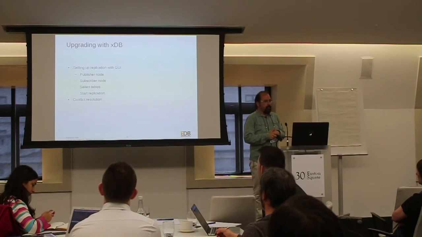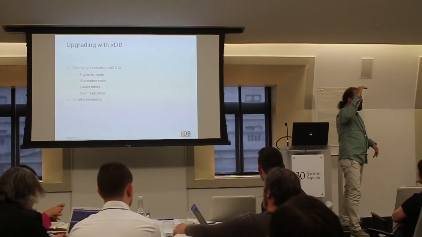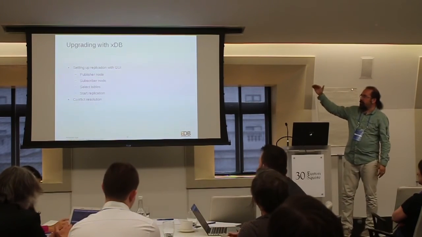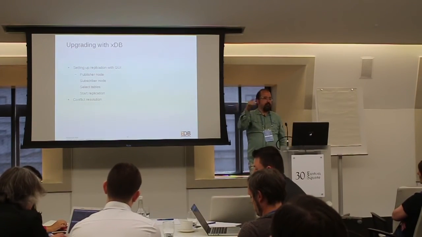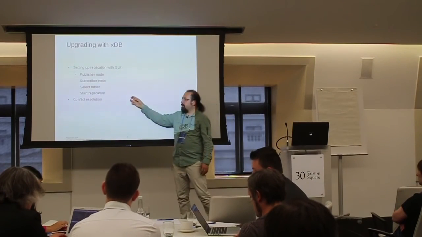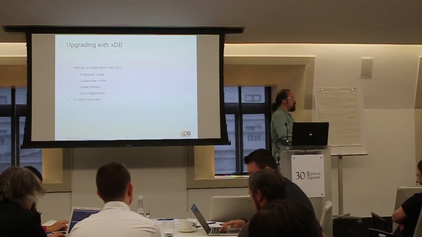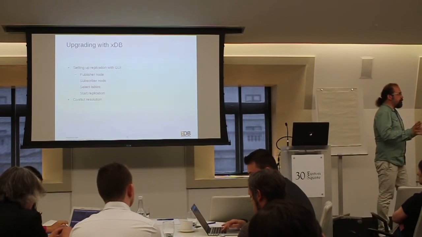So, setting up the GUI, I'm not going to add lots of stuff in my slides. It's this easy, the steps are here. You create a publisher node, then a subscriber node with a few clicks or whatever the command line tools. You select the tables, start replication and perform the upgrade. Okay? So the approach is similar to PGLogical.